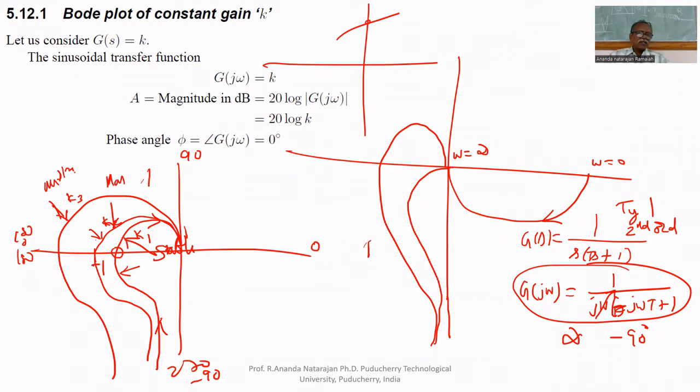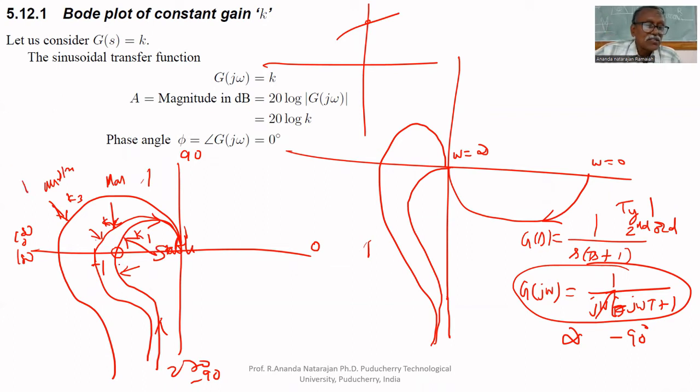So we can say that the system can be brought to a stable state by decreasing k, because if you decrease k, the plot will cross 180 before -1.